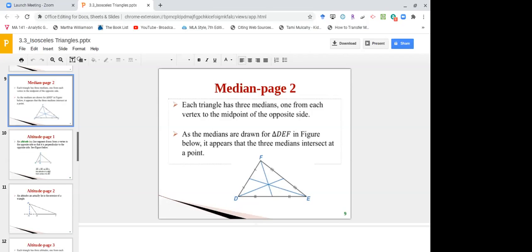That's what the median is. So don't confuse that with cutting the angle in half. This is cutting the side exactly in half. Just because you cut the angle in half doesn't necessarily mean you cut the opposite side in half. So be careful with that. That's angle bisector versus median.